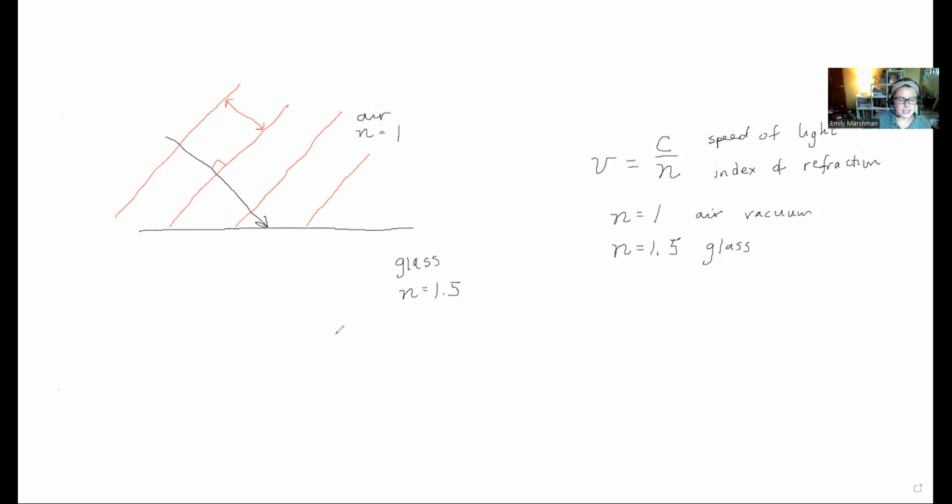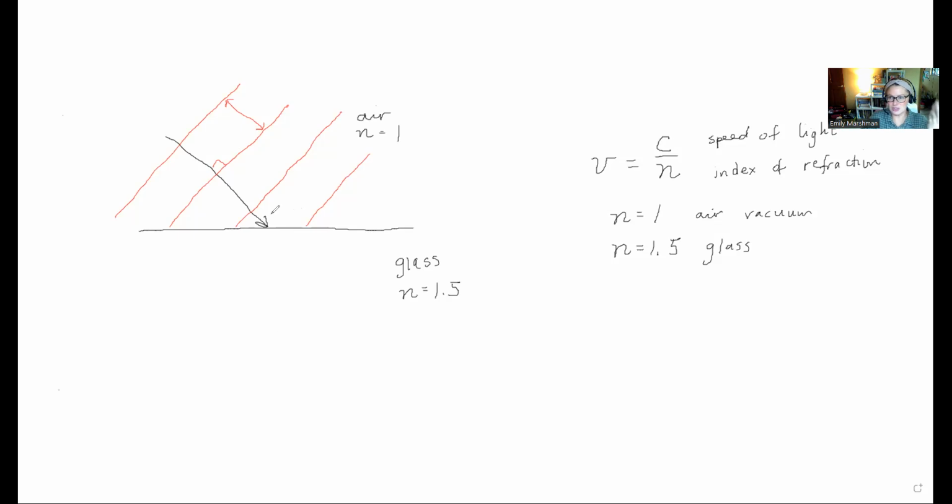Well, as we mentioned, the wave is going to travel slower in the glass. So these wave fronts are going to end up becoming closer together in the glass because it's not traveling as quickly. It's going to go a shorter distance in the same amount of time. The frequency of the light wave does not change regardless of what medium you're in.